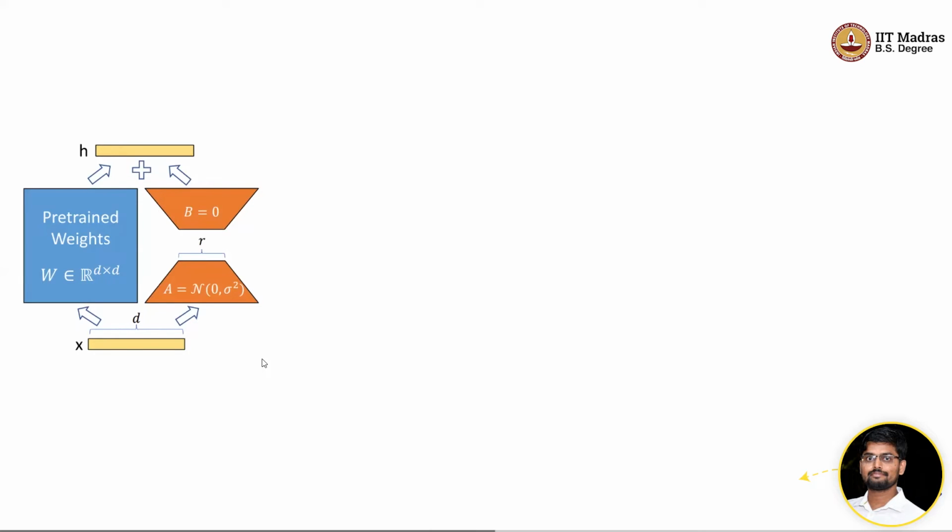That is LoRA in the forward pass. During the backward pass, we don't compute the gradients for W. Instead we compute the gradients only for A and B, because we have set the rank to be very low. Typically the value for the rank is much lower than the embedding dimension.